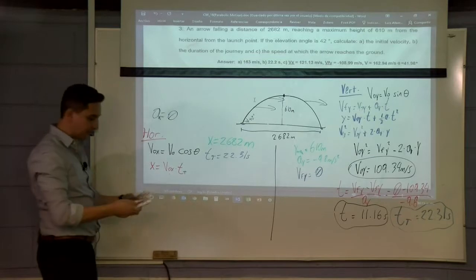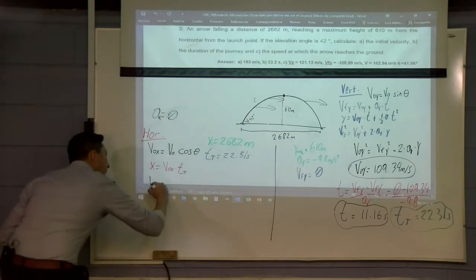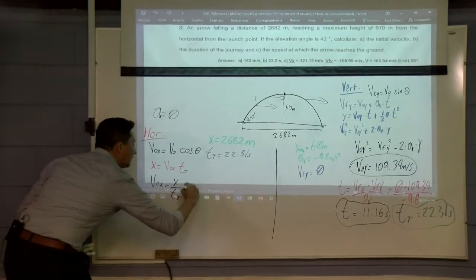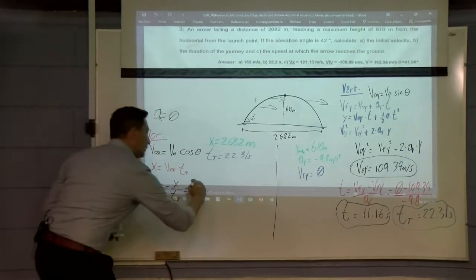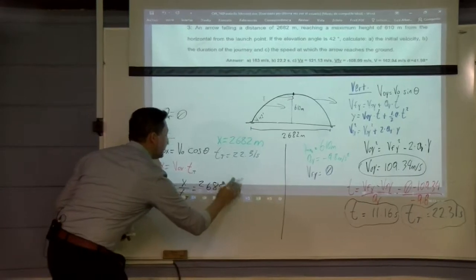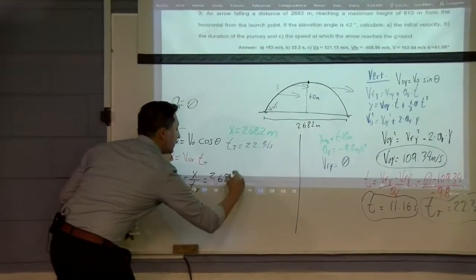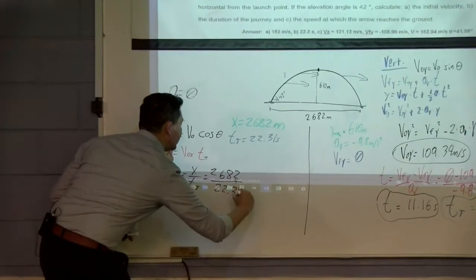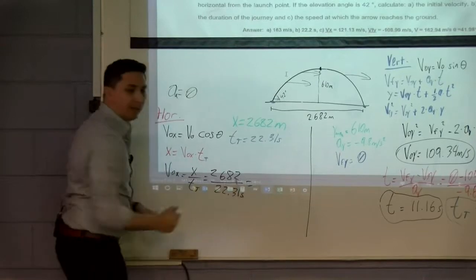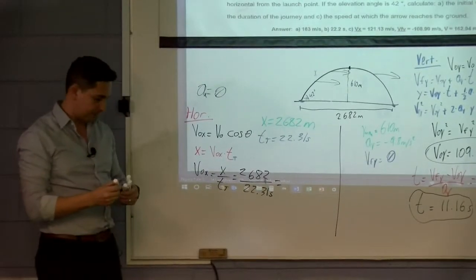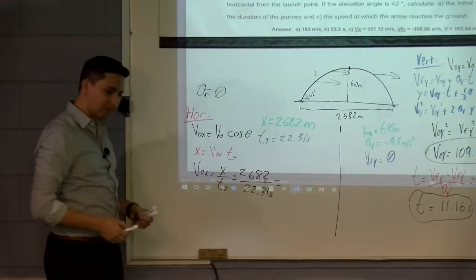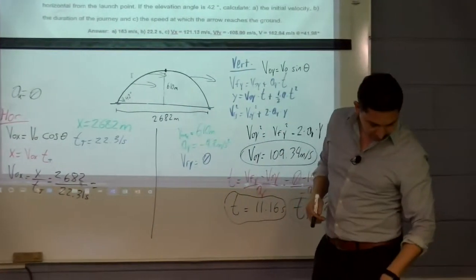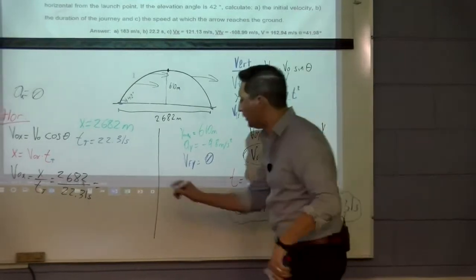Well, you only isolate it. VOX equals x divided by the total time. That will be 2682 divided by the total time, 22.31 seconds. And that will give you the VOX. The VOX will be 120.22.